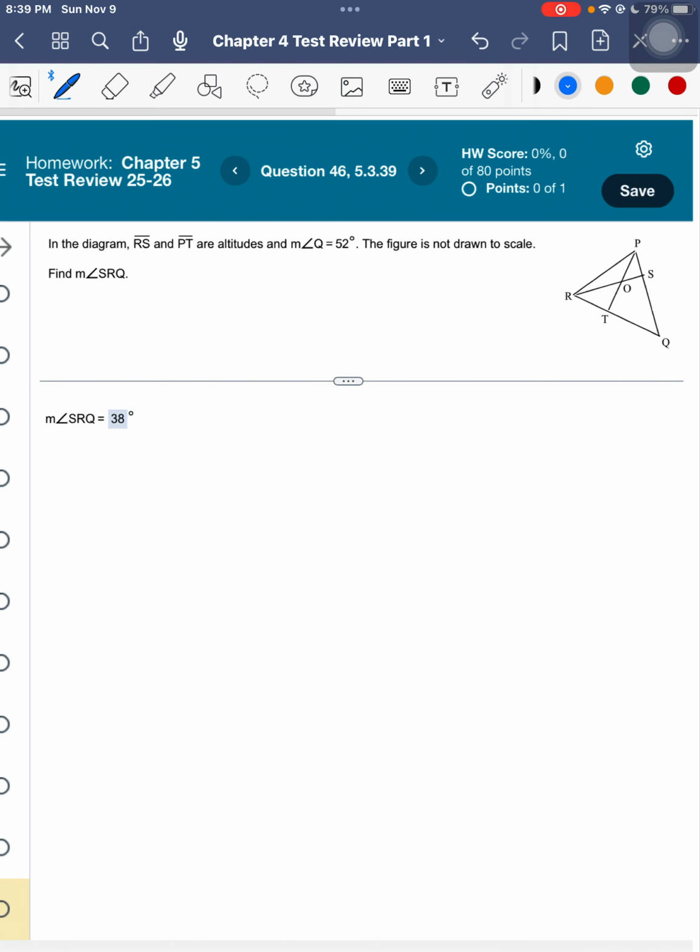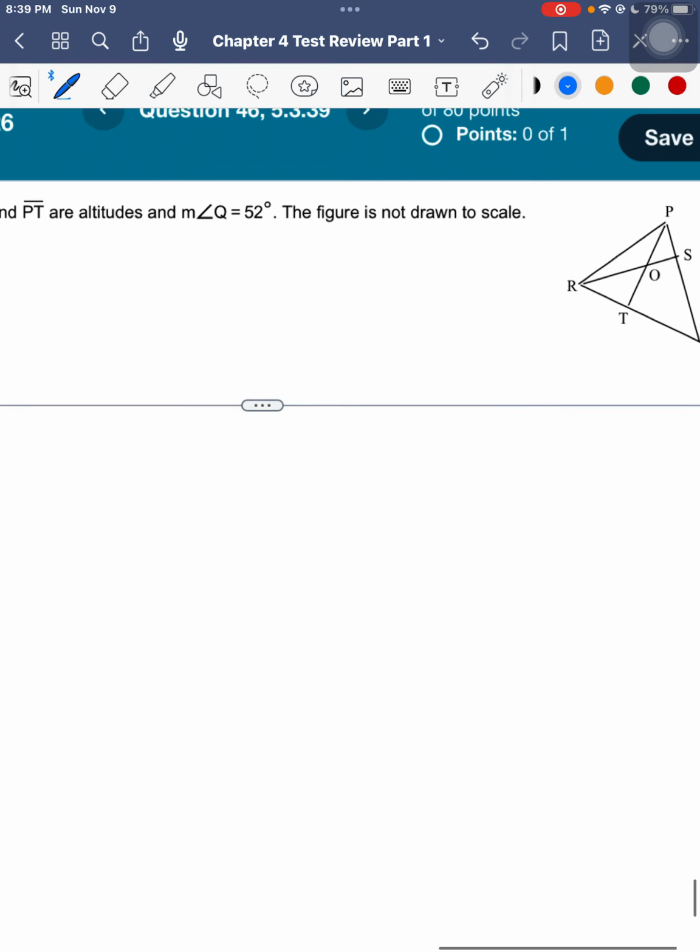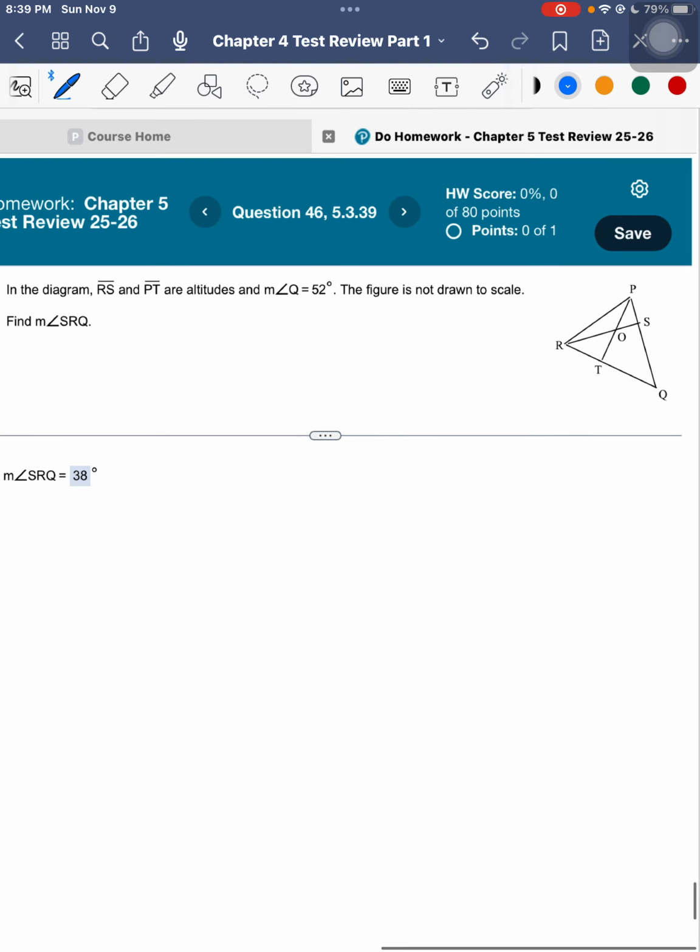Okay, so in the diagram, last 2 questions, guys. We're almost done. In the diagram, RS and PT are altitudes, and the measure of angle Q is 52. Okay, so I'm going to start writing things as I read. If RS and PT are altitudes, then I know that the intersection of RS and the intersection of PT is going to form 90 degrees.